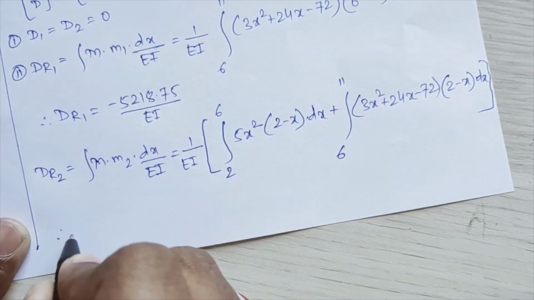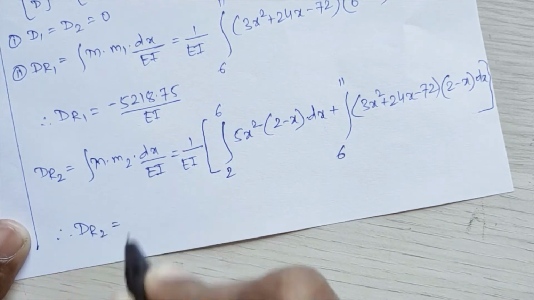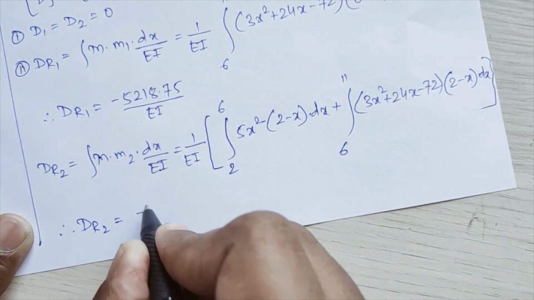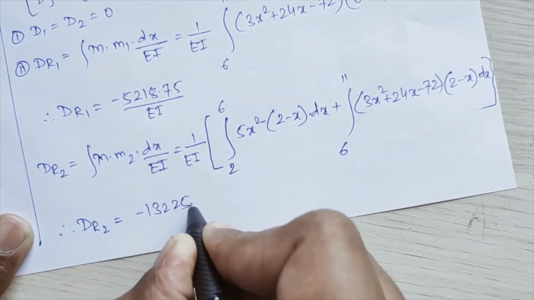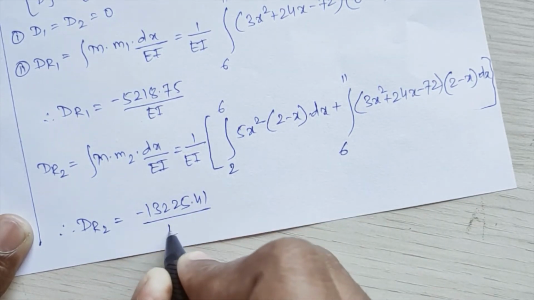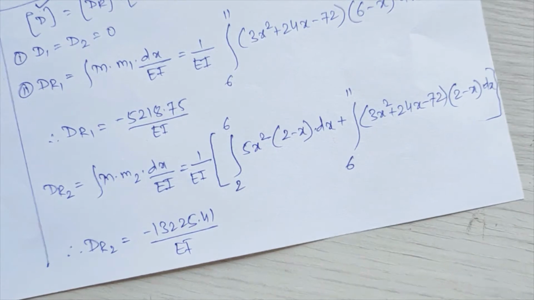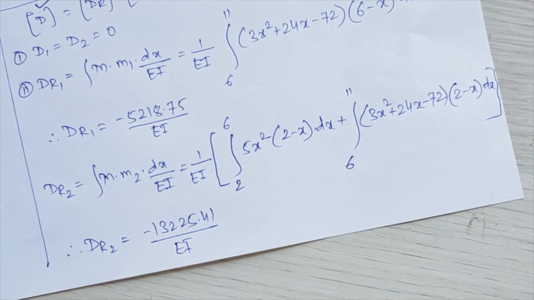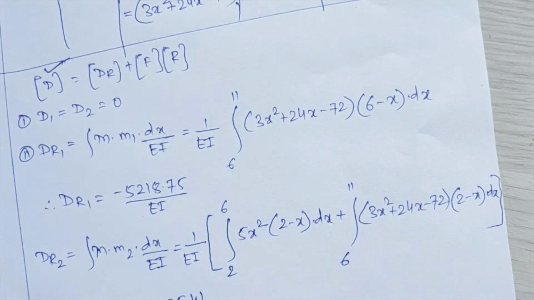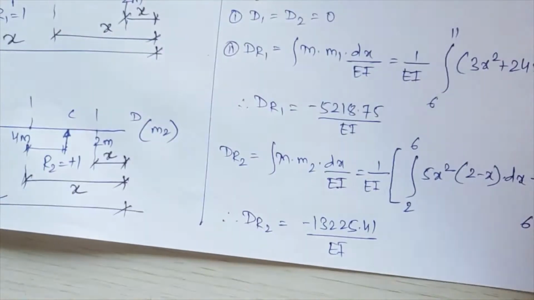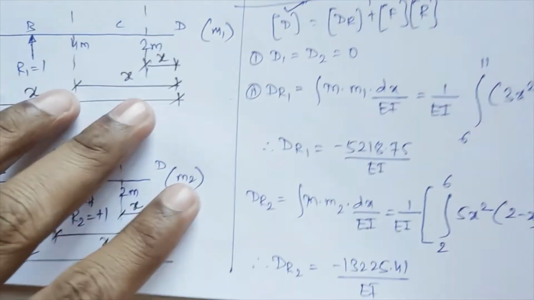If you solve this for the dr2 value, I have got dr2 is equal to minus 13225.41 upon EI. You check these values. If you find any difference in these values, please comment. I'll solve these values for you again. So here dr1 and dr2 are done.